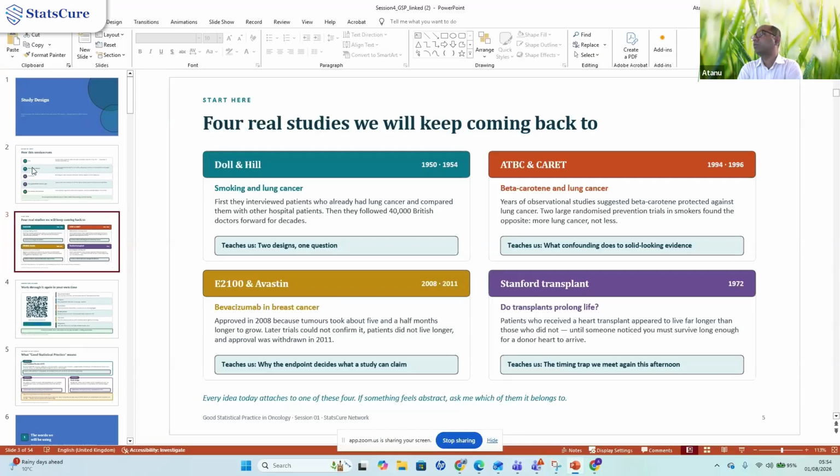It showed the tumor took about 5.5 months longer to grow, but later trials could not confirm it. Patients did not live longer, which shows the demerits of sample size or endpoint issues.